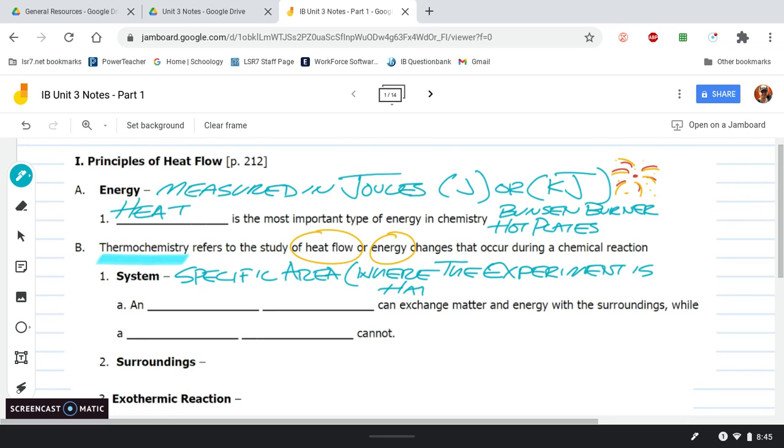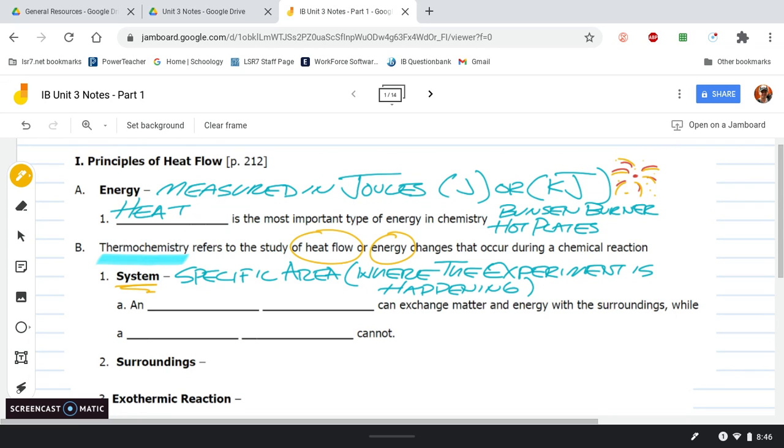And that could be as big as the planet, right? If you're wanting to talk about things like climate change and really big topics like that, then the system is really big, because you're looking at the entire Earth.